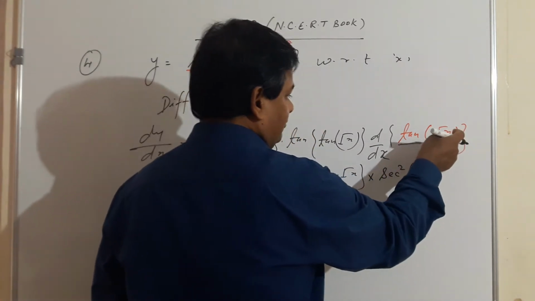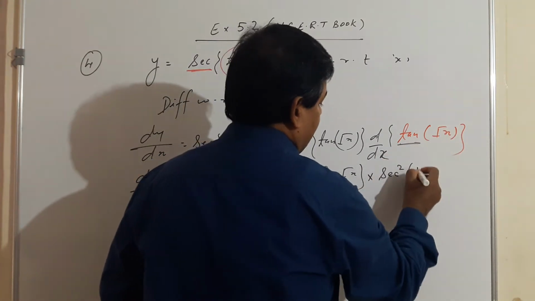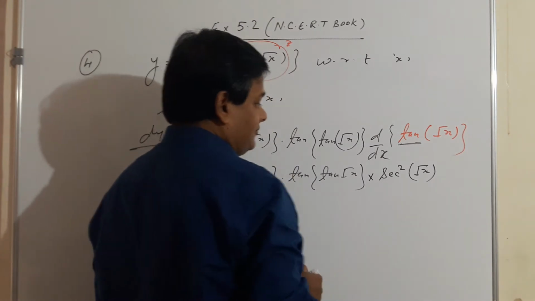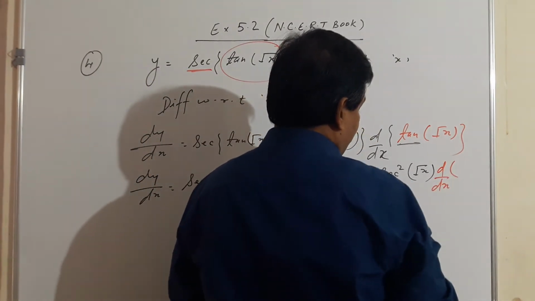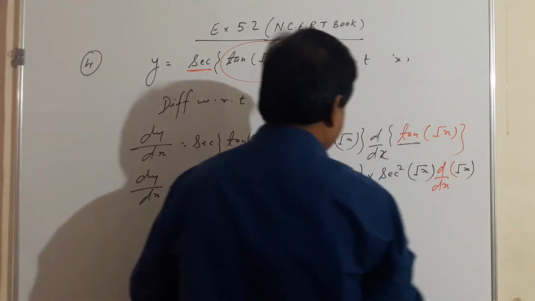Or z or t, whatever you assume. Here t, so it becomes sec square t. Now differentiation of t, where t means root x, differentiation of root x.